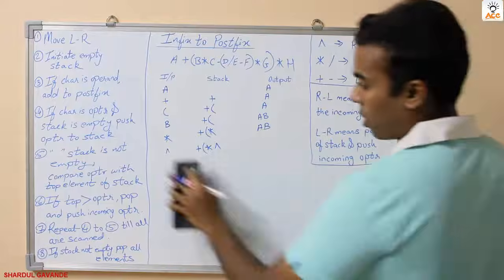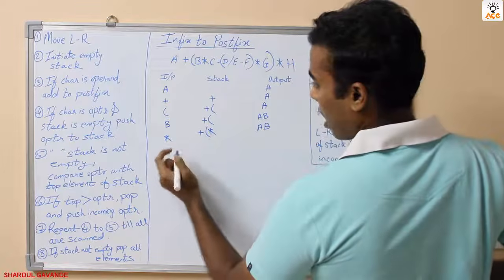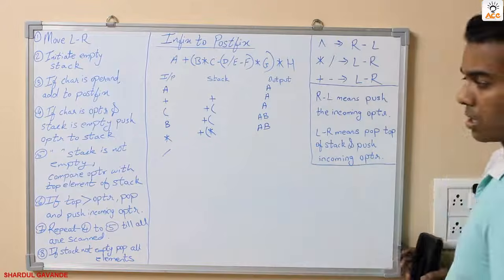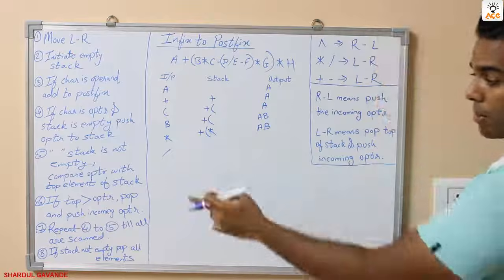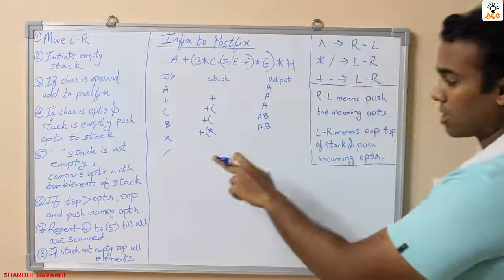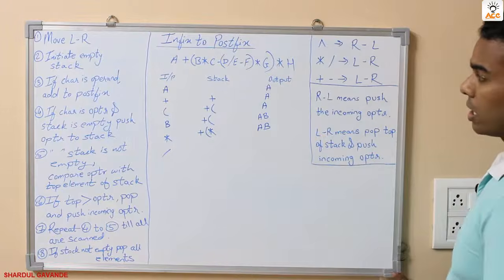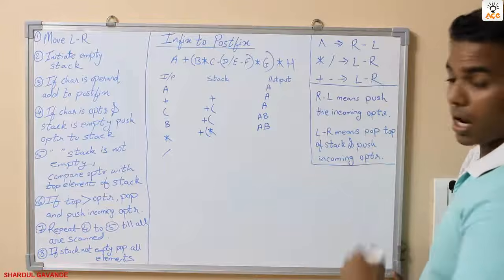Okay, now third case, if I have over here as division, now what? Again I'll check whether top element is greater than operator. Top element is star, incoming operator is slash, and if I go and check in the basic rule table, both star and division have the same priority.